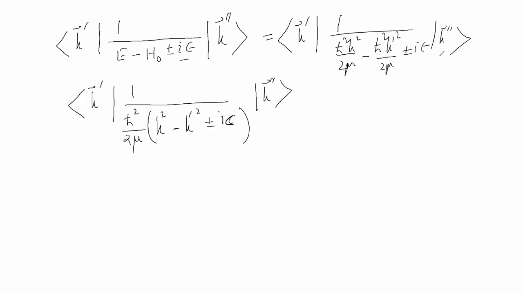This is the basic picture from quantum mechanics. But here I have taken h cross square by twice mu common.